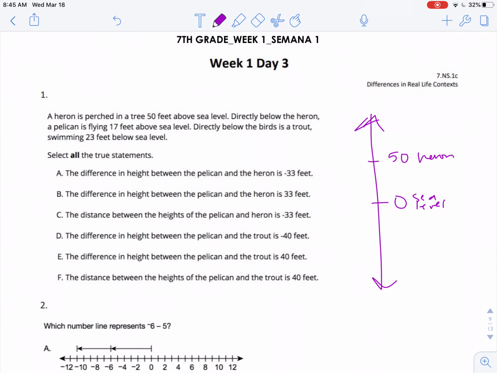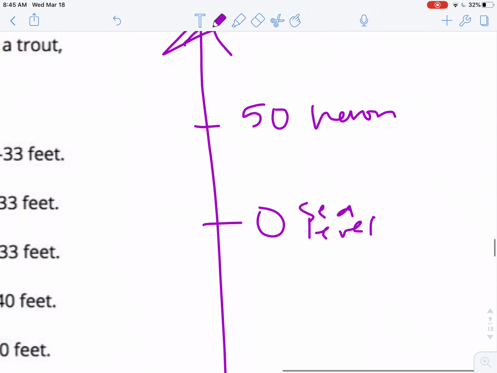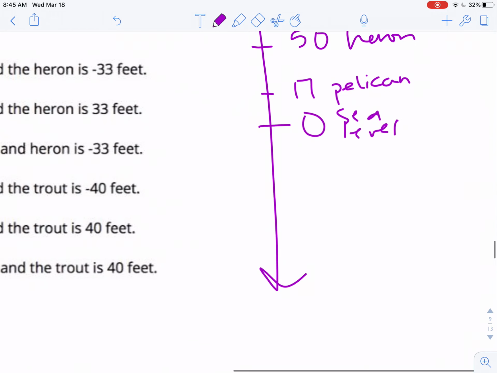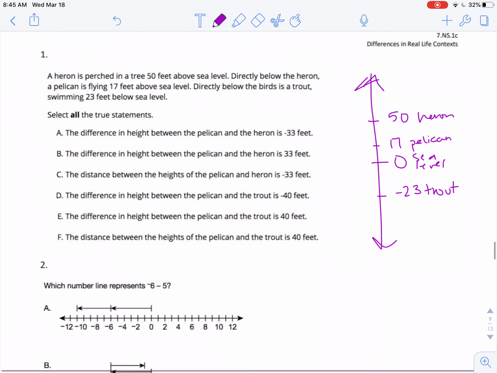And then directly below the heron, a pelican is flying 17 feet above sea level. 17, pelican. Directly below the birds is a trout swimming 23 feet below sea level. It's negative 23, trout. Let's see which of the following are true.